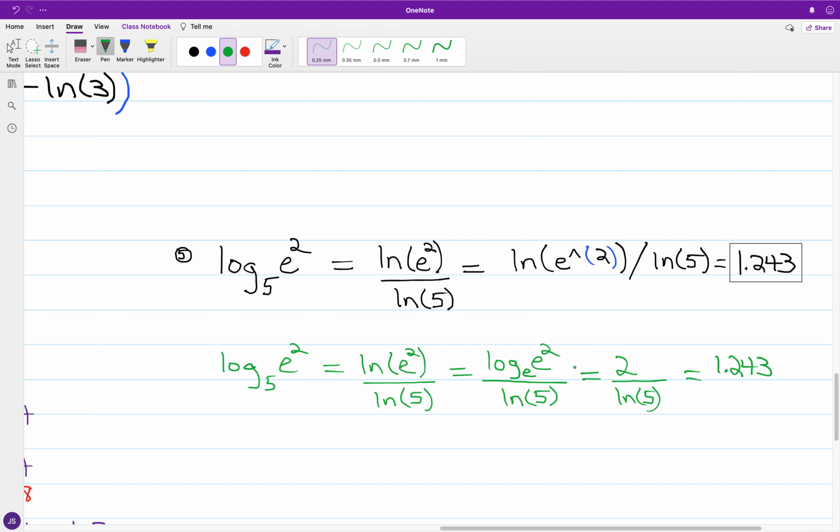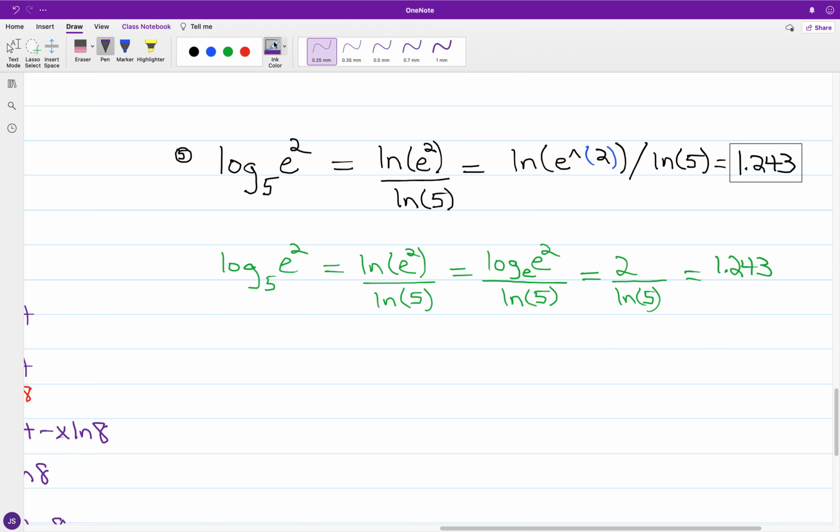So regardless of whichever approach you take, even with base 10 logarithm, I'll let this be the last alternate trial.